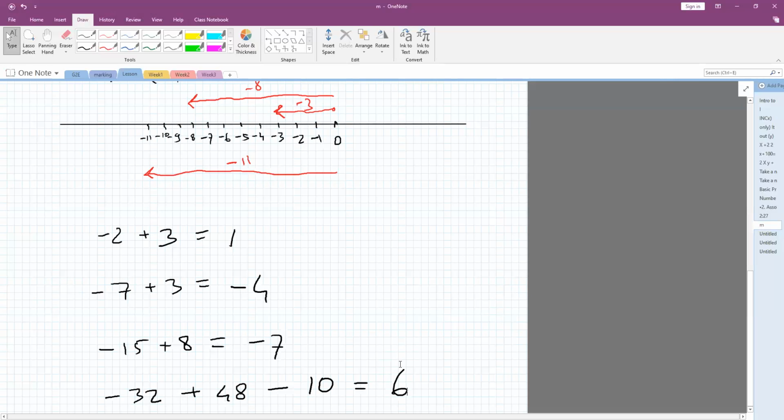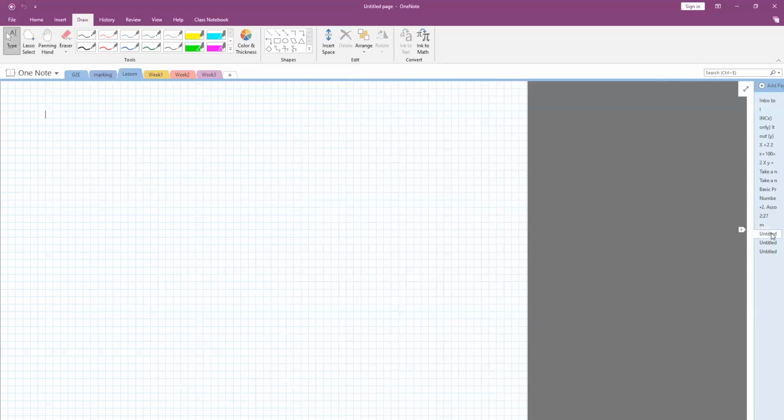Yeah, very good. So this is just the examples using negative numbers, especially when you do the addition, yes? Okay. Now, the next one will be hopefully not that confusing.